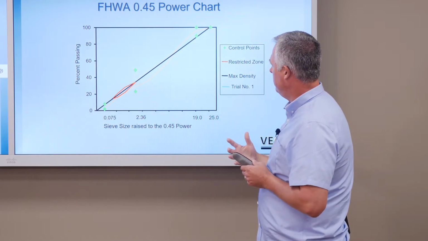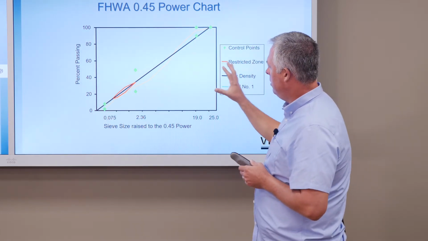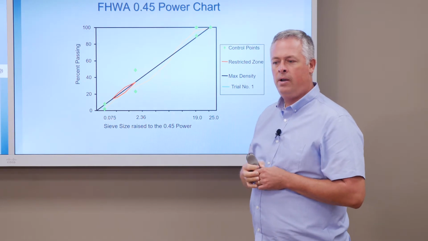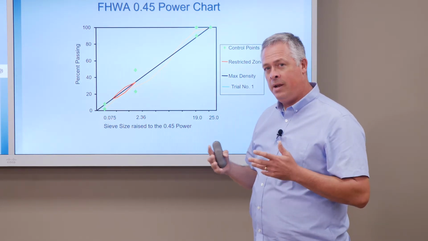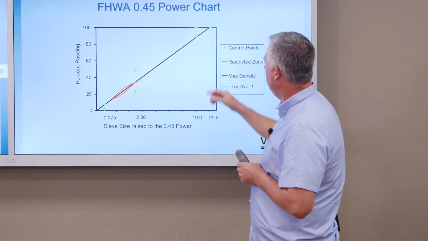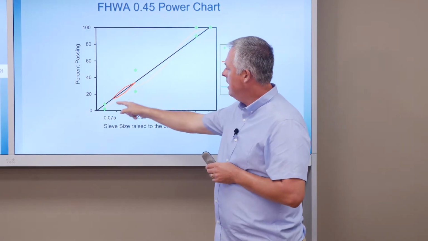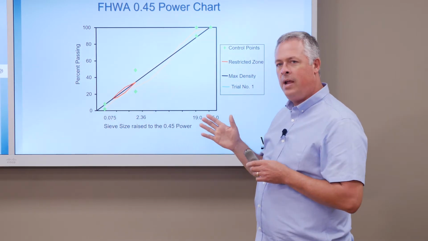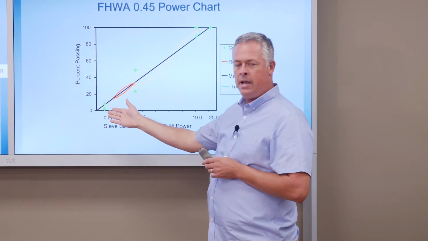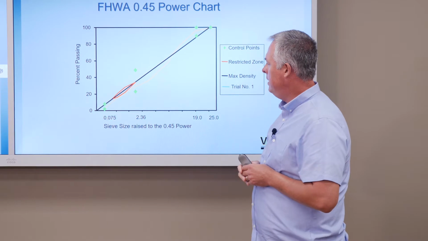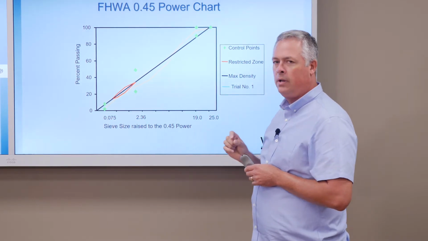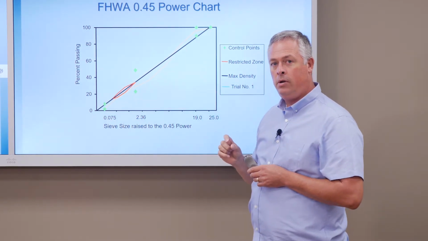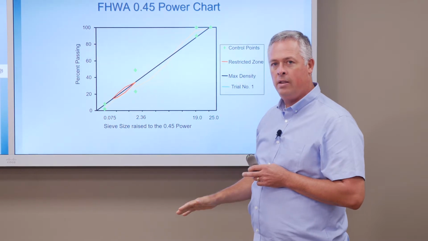One of the reasons for that is when an engineer looks at your Power 45 chart, he uses that as a gauge to determine how that mix is going to behave. This maximum density line is really representative of this: if your gradation ran perfectly along that line, that would mean you have a perfectly homogeneous distribution of material from the top all the way down to the bottom.